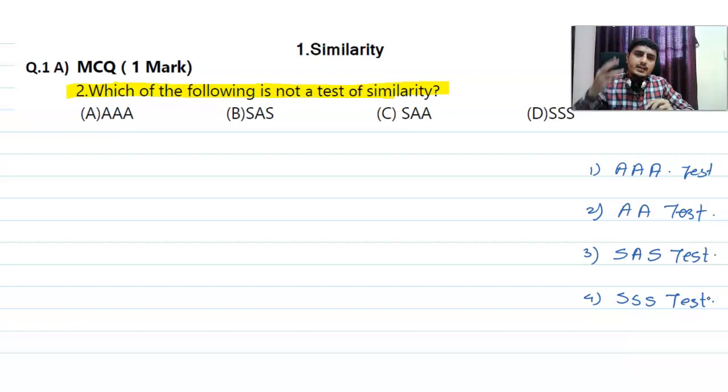That means the 3 sides of the one triangle are in proportion with the corresponding 3 sides of the other triangle, then the 2 triangles are said to be similar by using the SSS test. So we have the AAA test, the SAS test, the SSS test. So which is not a test of similarity, that is the choice code C, SSA test.